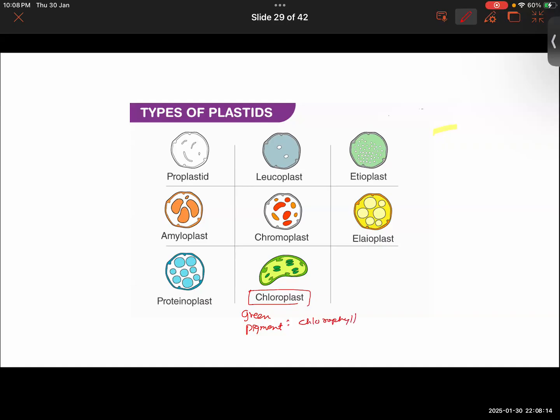Then you have chromoplast, the plastid that contains pigments which give vegetables and fruits their colors, like red, yellow, blue, etc. Then you have leucoplast. All of them are different types of plastids.